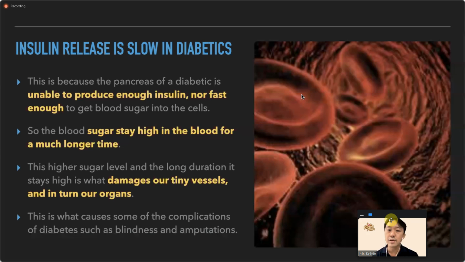This is because the pancreas of a diabetic is unable to produce enough insulin nor fast enough to get blood sugar into the cells, so the blood sugar stays high in the blood for a much longer time. We call this phenomenon the blunting of the incretin effect. The higher sugar level and longer duration it stays high is what damages our tiny vessels and in turn our organs. This is what causes some of the complications of diabetes, such as blindness and amputations.